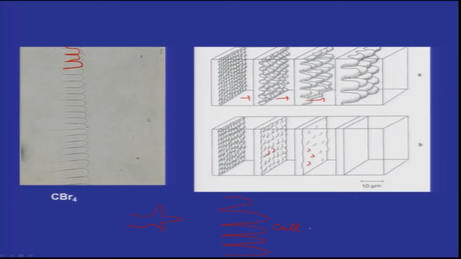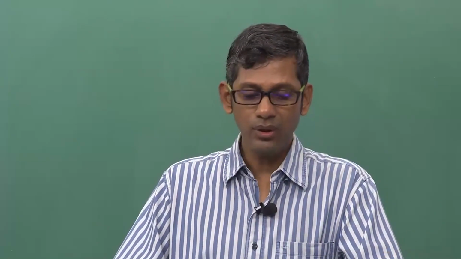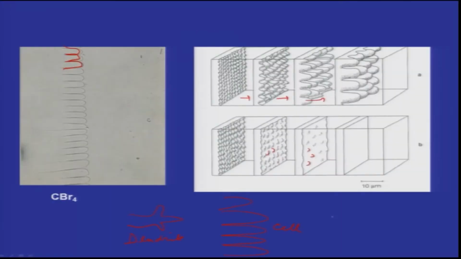Basically this looks like a honeycomb structure. That is what is shown here: hexagonal cells in a lead tin alloy. You can see each of these is a hexagonal network out of the solid interface. Lead tin is a low melting point solder material, so you can do that very easily. So, the cells can be like the one I drew, or they can be hexagonal units.